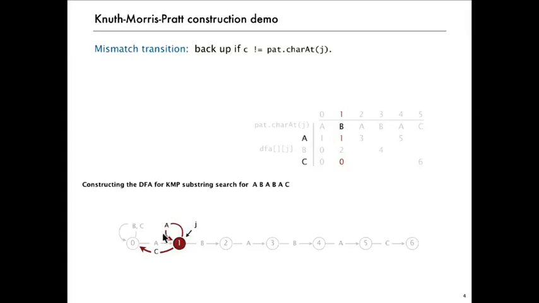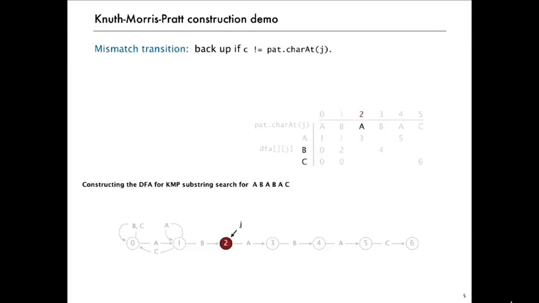But if you see an A, it's just as if you saw an A in state 0, so you might as well stay in state 1. So that's how we fill in the DFA for state 1. If you see a B, you go on to state 2, you matched. If you see an A, well, that matches the first character, so stay in state 1. If you see a C, clearly you have to go back to state 0.